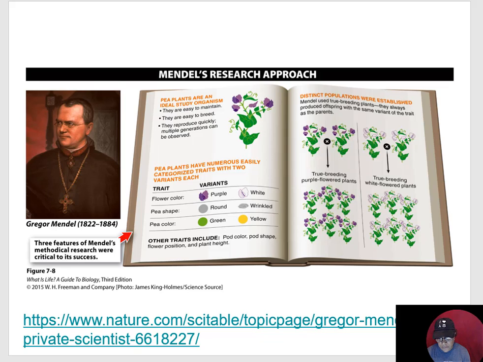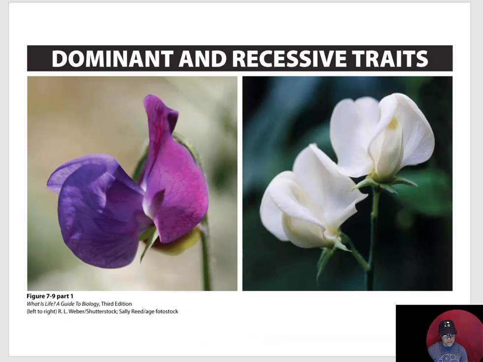So for example, if you had a true breeding purple flower plant, the parents had purple flowers, also the offspring of those plants also had purple flowers. Same thing if you had a true breeding white flowered plant, then the parent plant would have white flowers and also all the offspring would have white flowers. So you had no variation that would creep in. And that just made it really the perfect organism to study genetics.